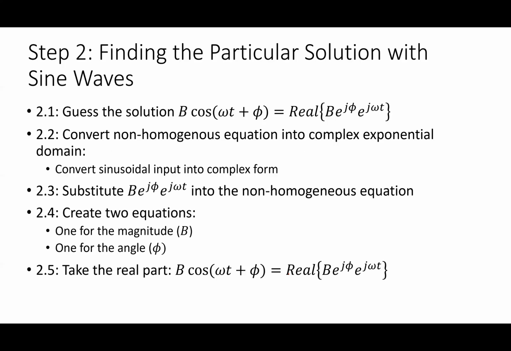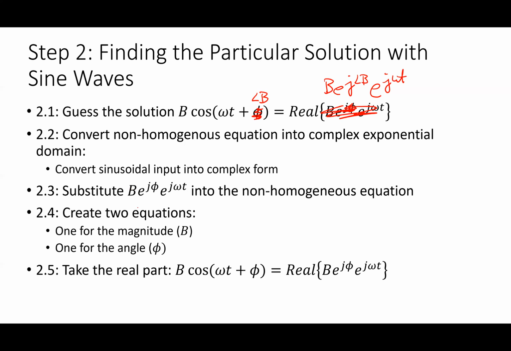So basically I expanded step 2 into 5 sub-steps, I guess. What I'm going to do is guess that my solution, and I don't want to call this, I want to call this angle B. I'm going to call this B e to the j angle B e to the j omega t. I'll make sure my slides update to reflect that.